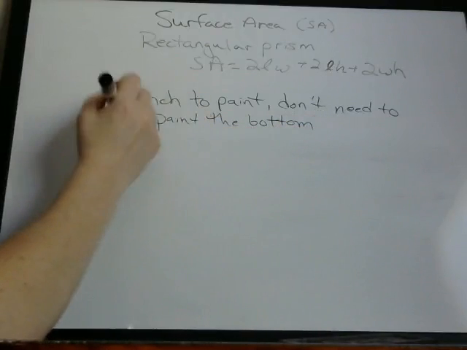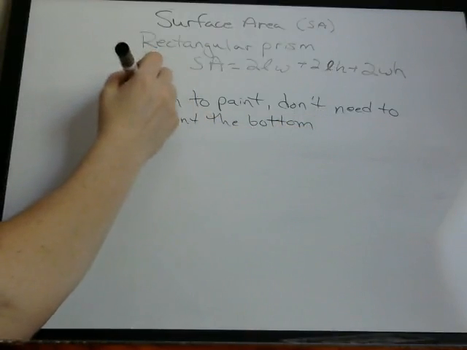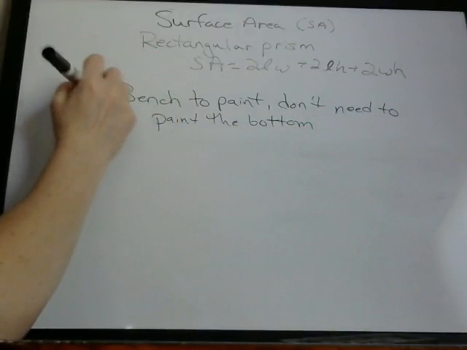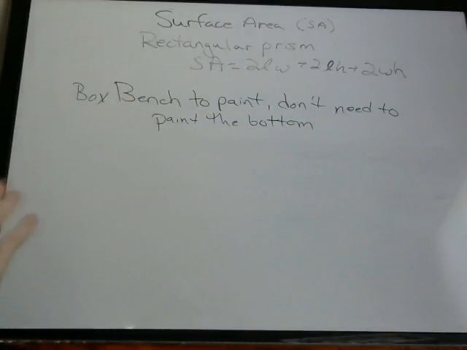So we're going to say a box bench. It has sides all around, but we don't need to paint the bottom.